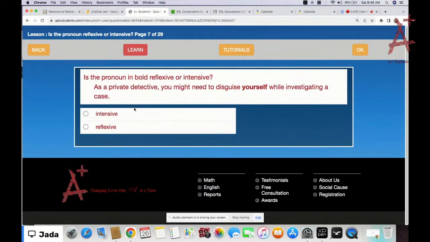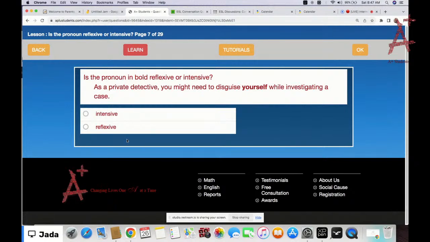You said ourselves. So if you say ourselves, then we should use reflexive, not intensive. We may need to disguise ourselves.